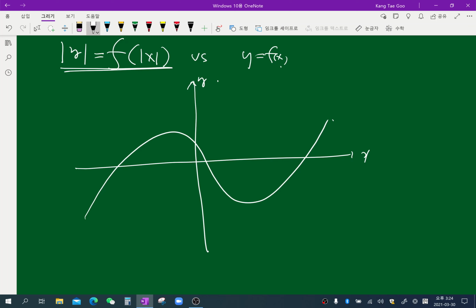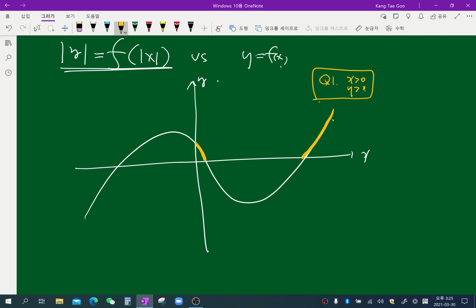Since the absolute value sign is on x and on y, both x and y must be positive so that the two functions are the same. Where is that? The first quadrant. Whatever portion of the graph of the original function y = f(x) is in the first quadrant, where x is positive and y is positive, the two functions are the same, no doubt, correct?